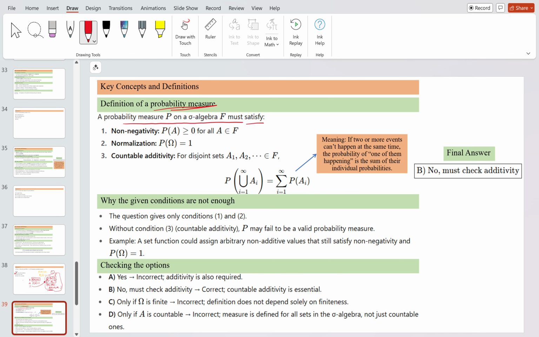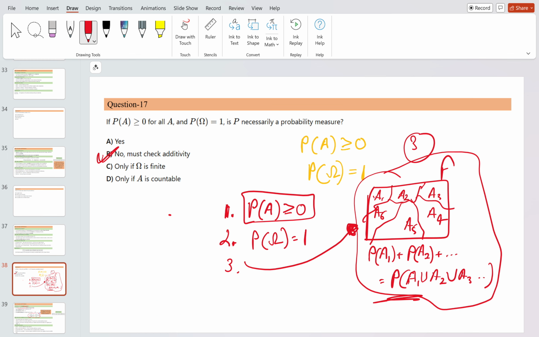And what is the meaning of this? It means that two or more events can't happen at the same time. Here if you see A1 and A2, they are not happening at the same time because they are disjoint sets.